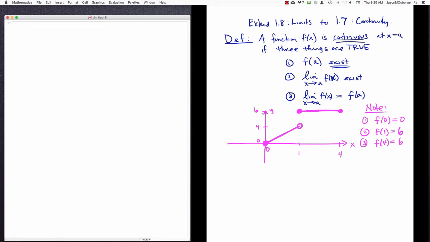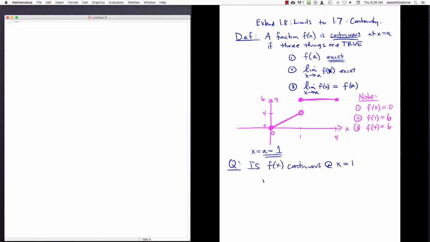So let's choose x equal to a. Let's choose that equal to 1. 1 is our point of interest. Let's go through the three continuity questions. The question: is this function f of x continuous at x equal to 1?